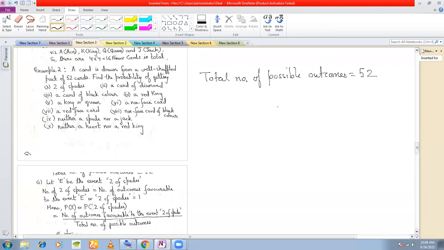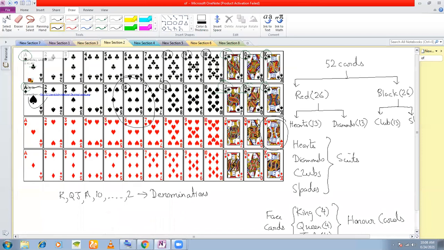Next, number one. The question here is two of spades. Let me write directly, probability of two of spades. Look at this now. Two of spades. Which one is the spade? This one is the spade, right? How many two of spades? Only one.